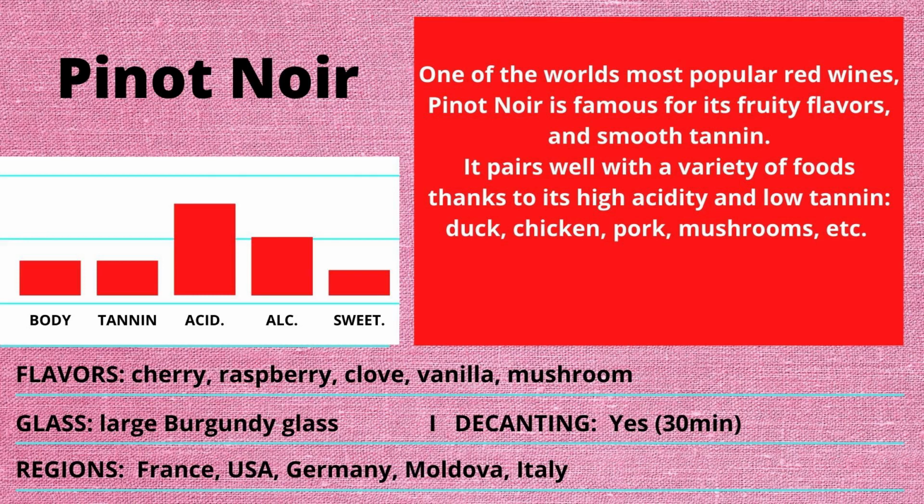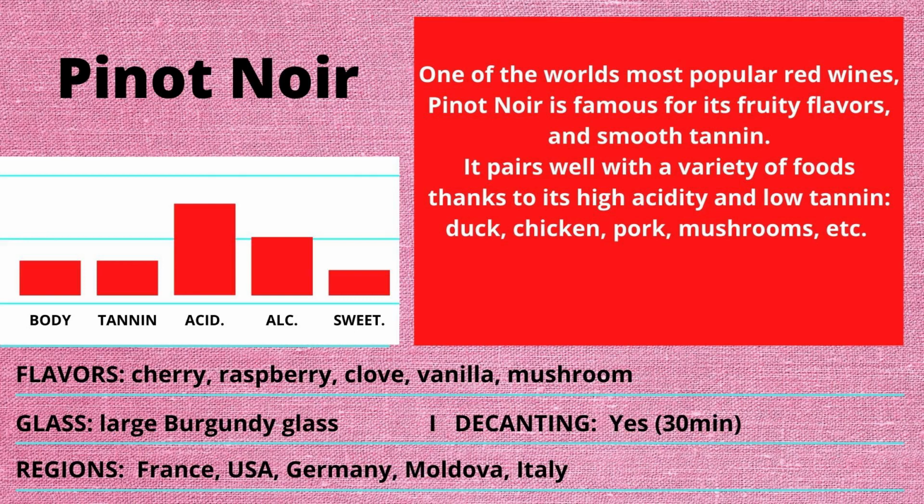And of course we suggest that you always serve Pinot Noir in a Burgundy glass. You have lesson 2 that tells you what kind of glass is the Burgundy glass, and of course what is the Bordeaux glass, and explains why. So I'm not going to stop on this. Pinot Noir can also be decanted.